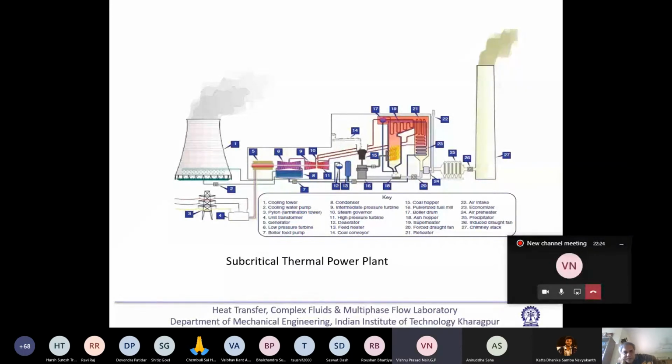Sir, first of all, there's a fan at 20, right? Fan is 20. There are two fans in the air path. One fan is there at 20, it is a forced draft fan. And one fan is there at 26, it is an induced draft fan. 20 is feeding air to the pulverizer, 16.